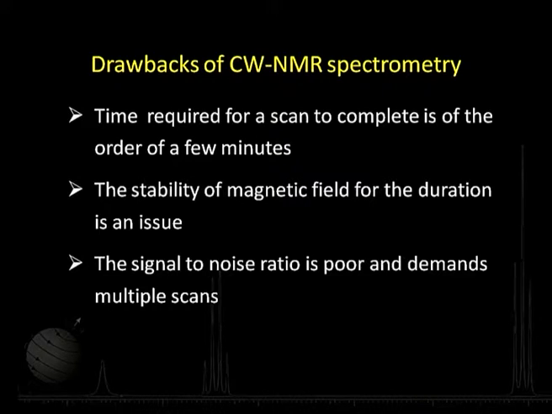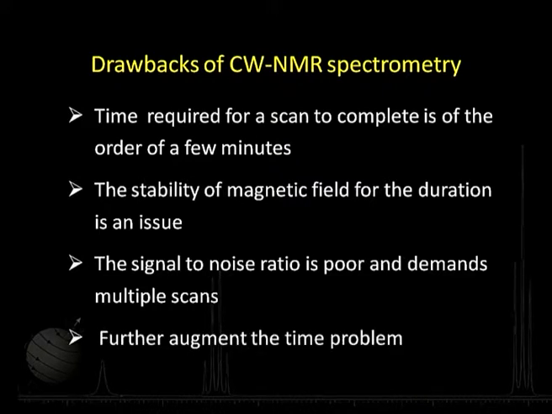So, one way of dealing with this is to do multiple scans. Multiple scans means you take a spectrum, take another one, and go on doing that. In the process, wherever the signal is, it will always come at the same frequency, whereas noise will be random. Suppose I take a given spectrum and the signal to noise ratio is very small.